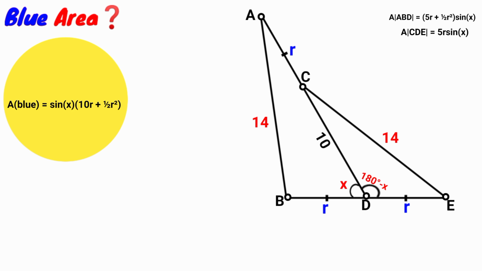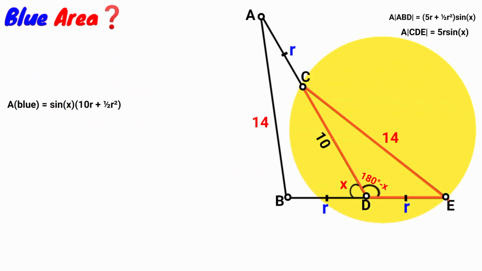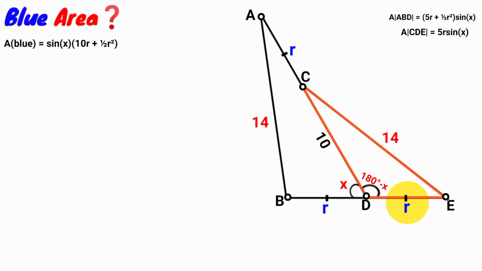Now what are the values of X and R? We don't know. But if you come to this triangle, since you have the length of this side to be R, that of this side is 10 and this is 14 units.